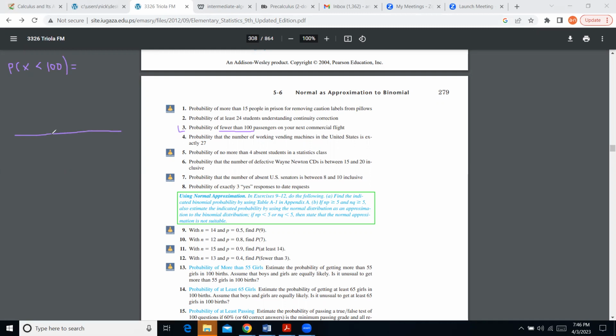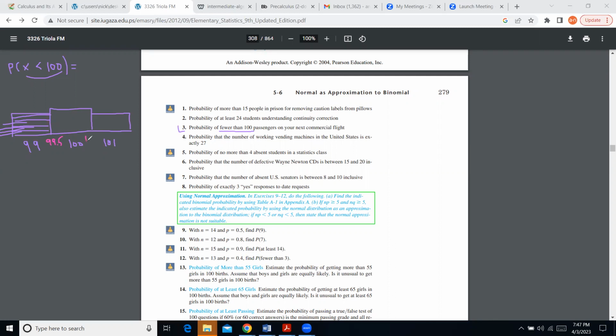When you deal with the number 100, you put bars around 100, such as 101, which is bigger than 100, and 99, the previous. Then we make a picture of our question, which deals with numbers less than 100. So it goes all the way to the left from that bar, including 99. So 100 is not being taken.